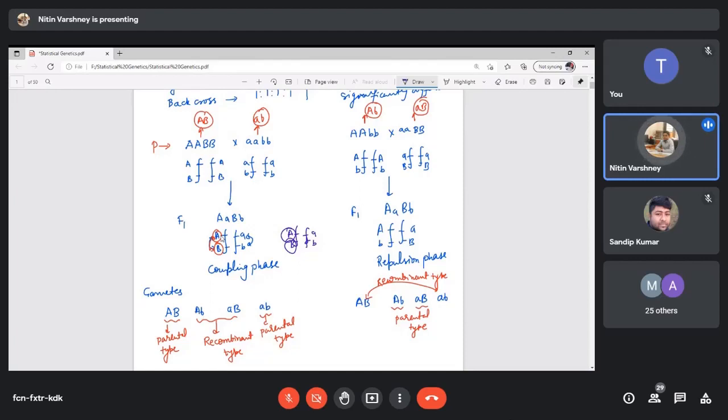They will not separate from each other. That's why we will get capital A capital B. We will not get capital A small b type. Only parental type of gametes will be obtained. And in incomplete linkage we will get recombinant type also.